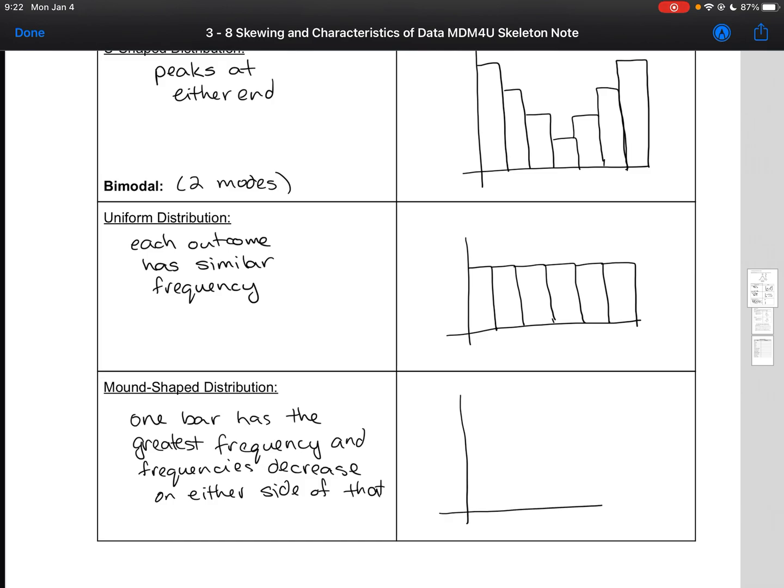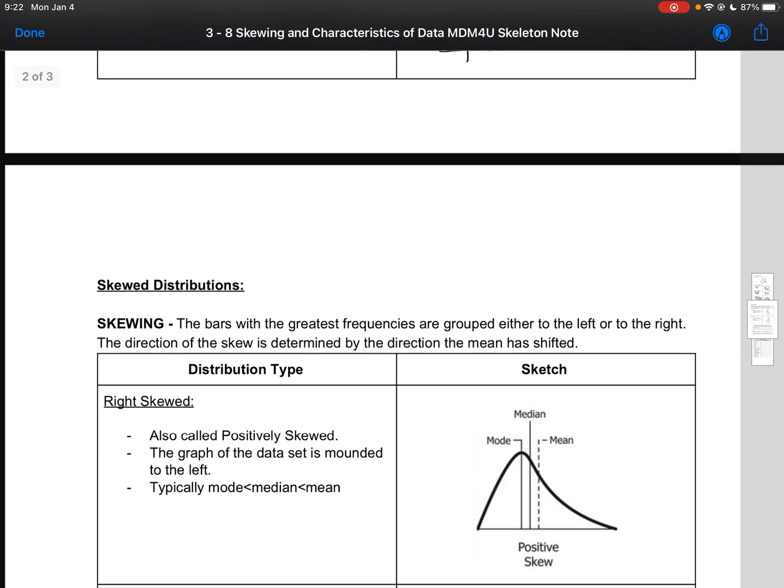Okay, so the opposite of our first graph that we drew in this table, so we would have the tallest or the greatest frequency in the middle, and then the bars would decrease on either side of that. This is data that is uniform or symmetrical, so you could fold it in half and it would match.